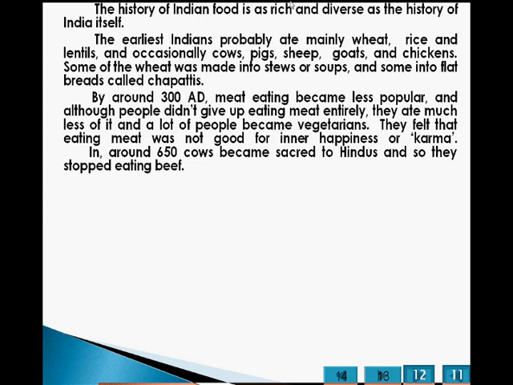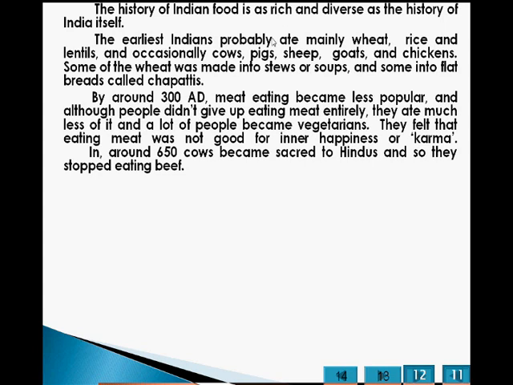And let's look at the word popular together. It means they didn't like it. It became not famous, okay? They tried to stop eating meat. And of course, they did not give up eating meat, but again, they ate less of it. And so most of them became vegetarians.